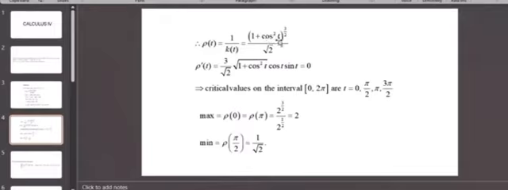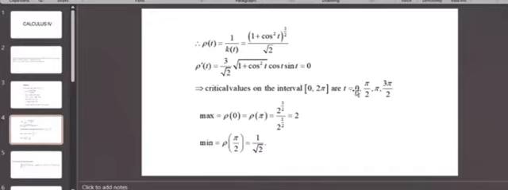If cosine squared t is 1, that means t can either be 0 or pi. So we have rho of 0 equals rho of pi, which is equal to 2. But for cosine squared t is 0, t can either be pi over 2 or 3 pi over 2.